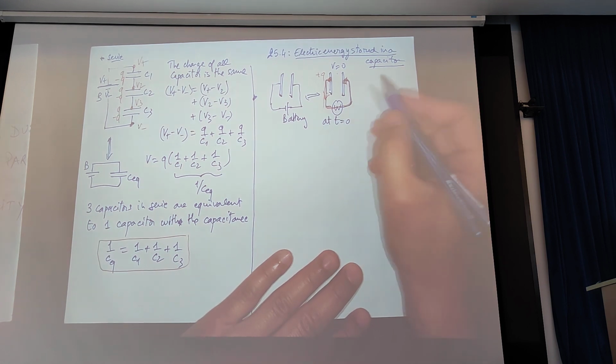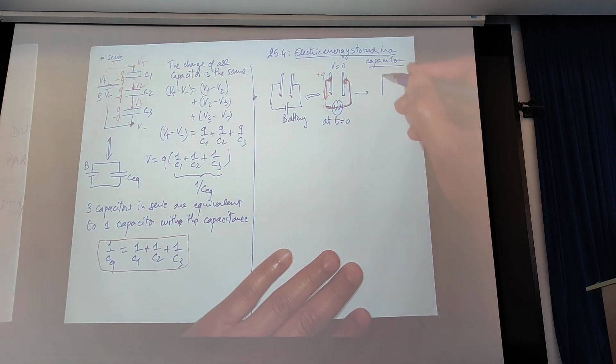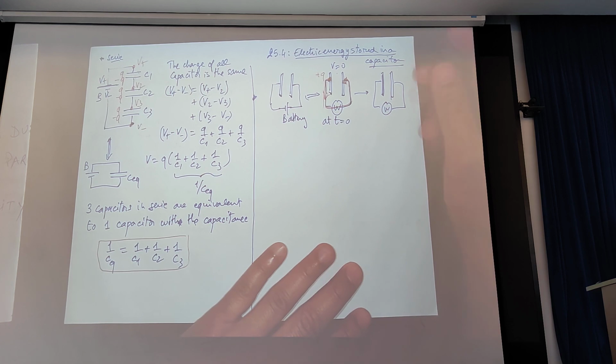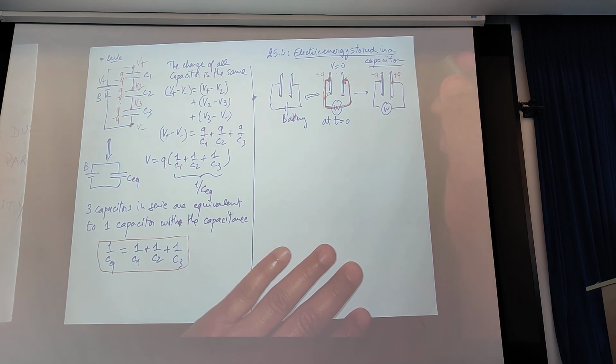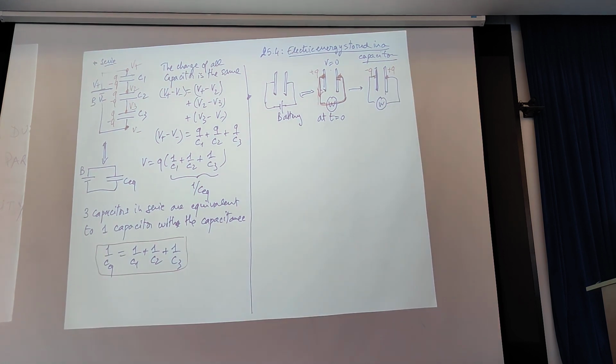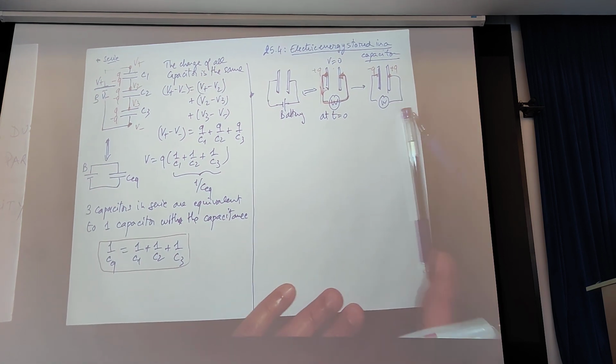Okay? And then at the end, of course, I have this. At the end, we have plus Q here. Okay? And of course, I will have minus Q here because the conductor is neutral. Okay?